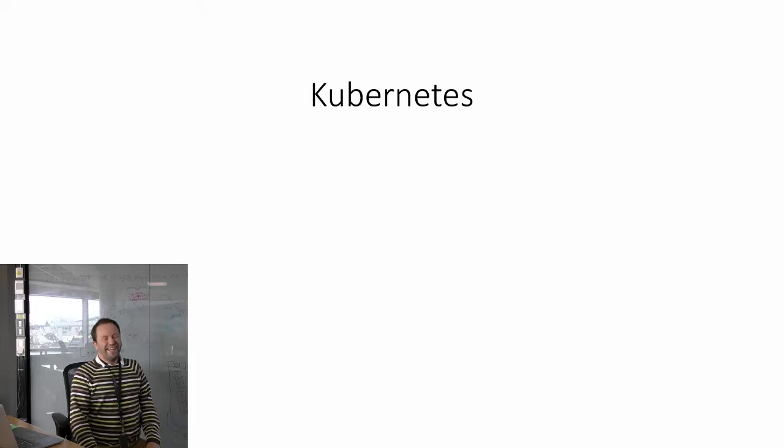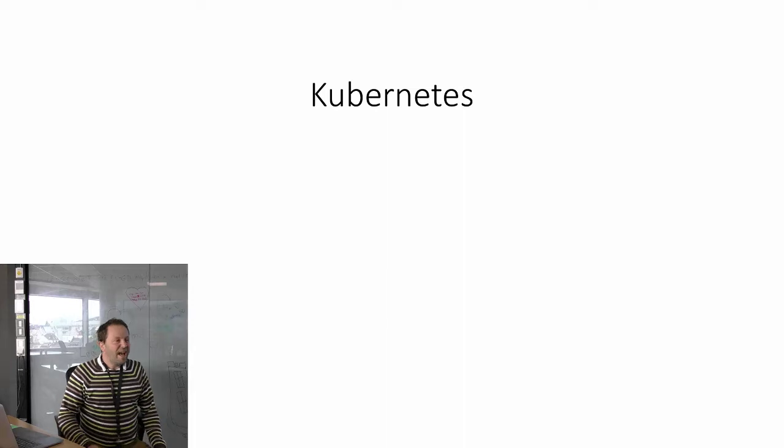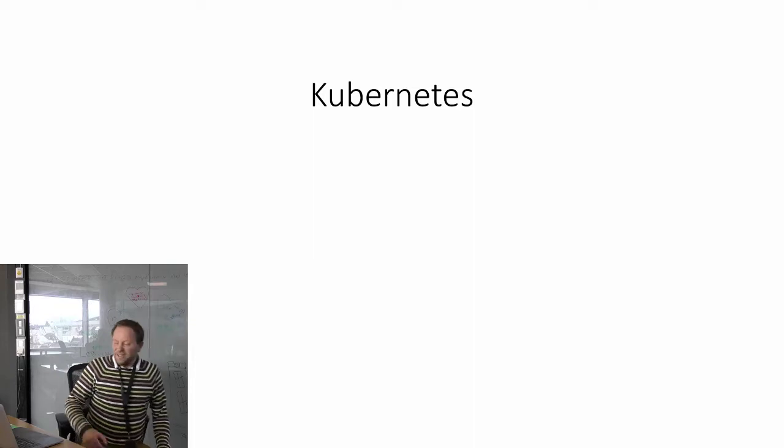But he didn't understand what I was talking about. He had never heard the word, so it's new to us as well. Funny name. It means helmsman. You know, the guy in front of the ship.